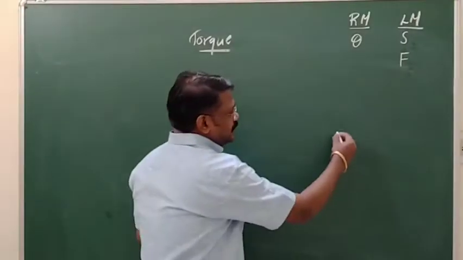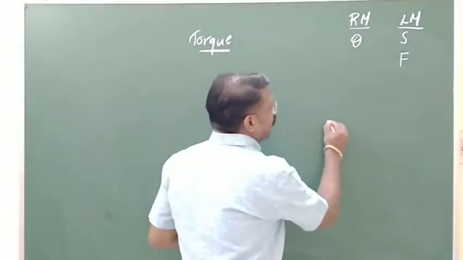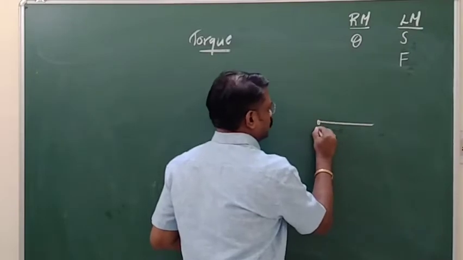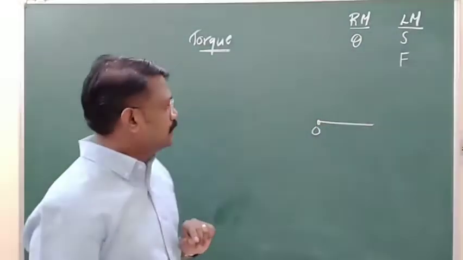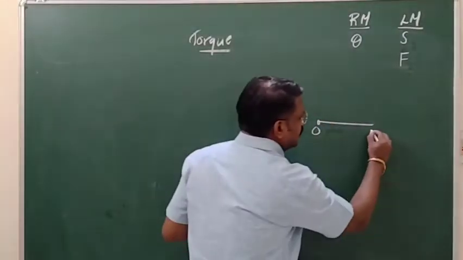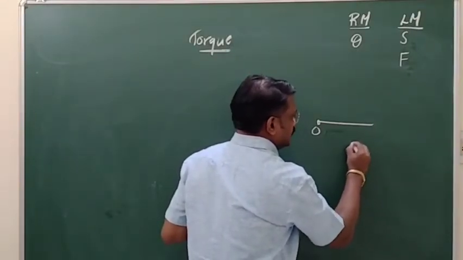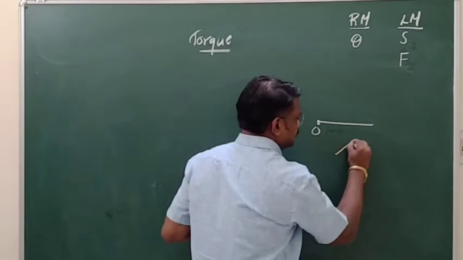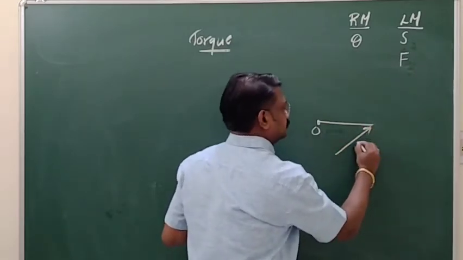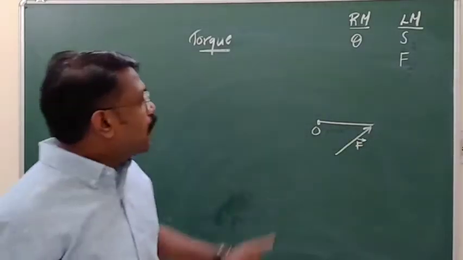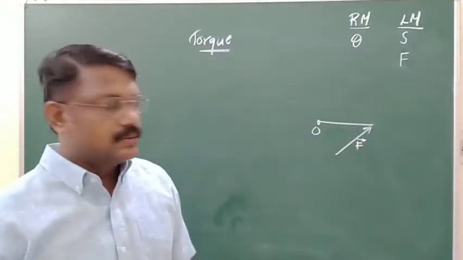So, suppose you have a rod here, which is fixed at this point, O. You are applying a force here, in this particular direction. What will happen to this rod?